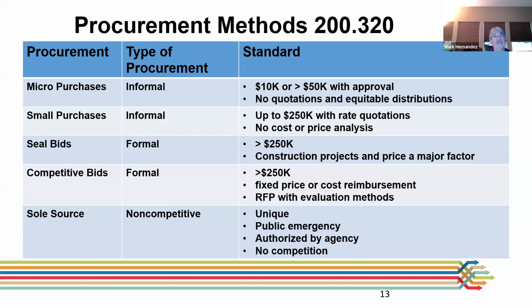That's when you might have the sealed bid process and methodology. Most of the time, it would be competitive bids that are over $250,000. Those are few and far between. More than likely, it's your funder or your pass-through entity that has that kind of situation for competitive bids.